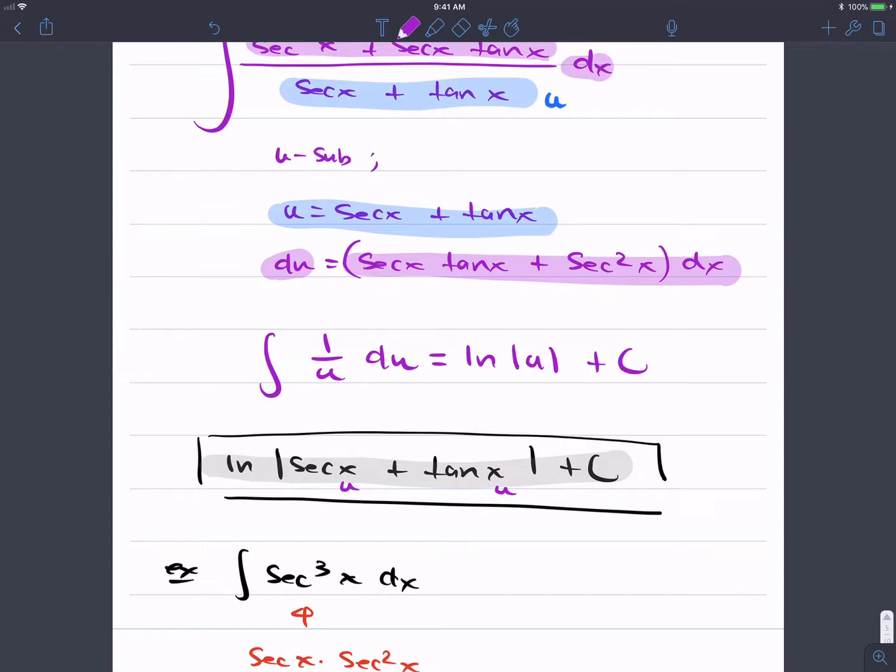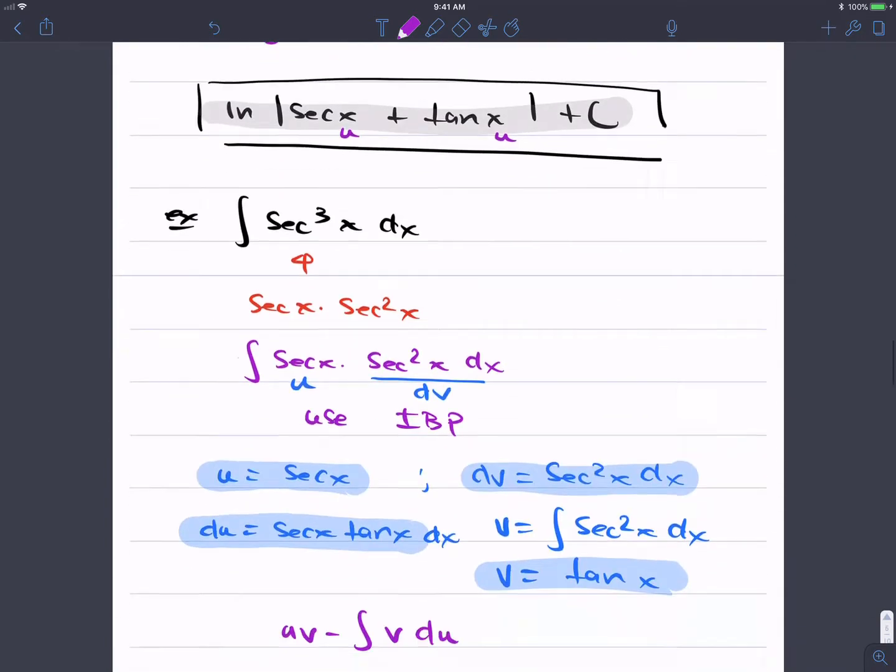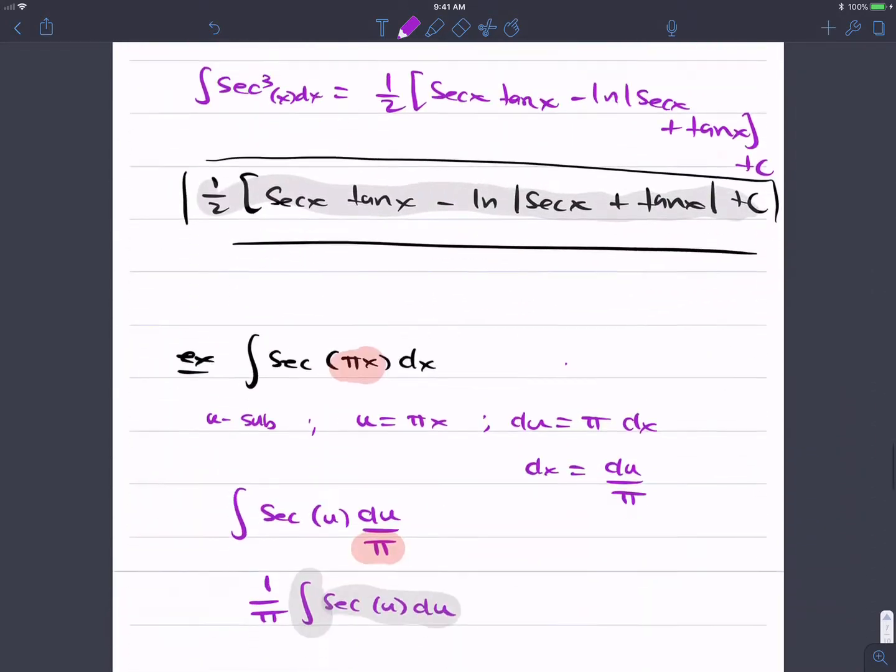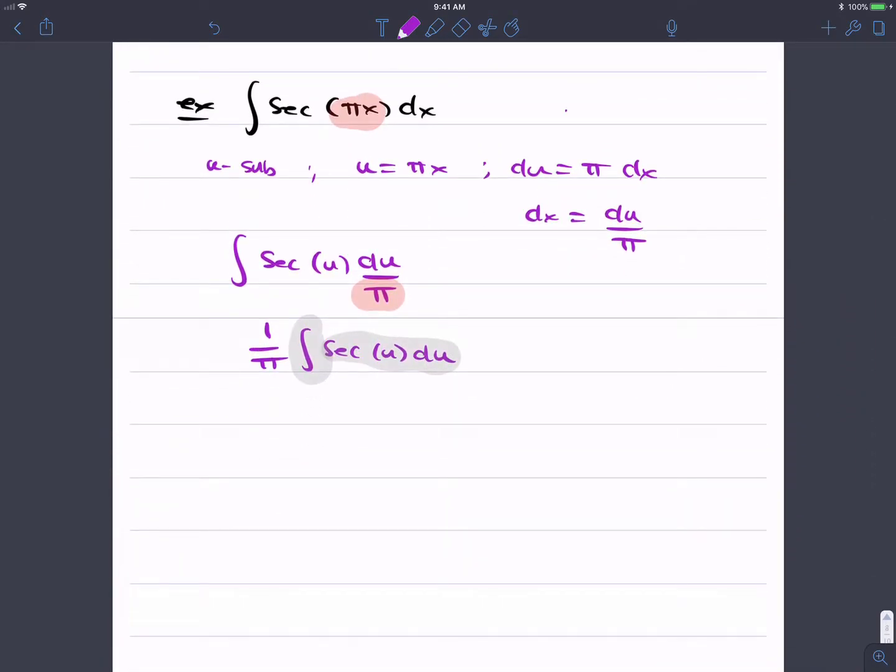And now we can use this formula. It's the natural log of secant u plus tangent u in absolute value. So this is a handy formula to know. It shows up a lot. I replace this with natural log absolute value secant u plus tangent u plus that constant c.